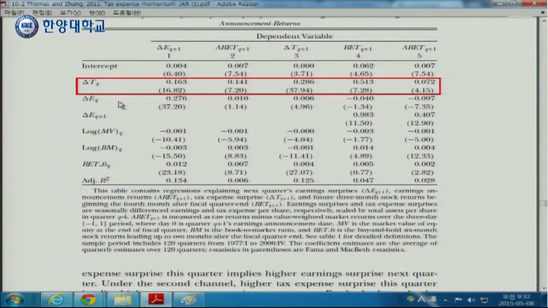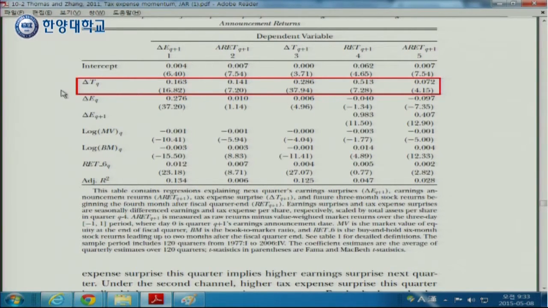And another interesting part is the earnings surprise. This one does not hold. After we take into account the tax expense surprise, earnings surprise doesn't include any information about future return. So this is the interesting part.